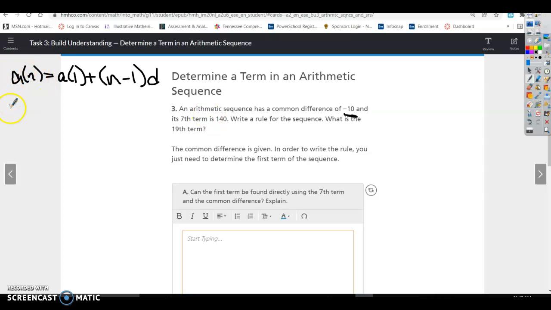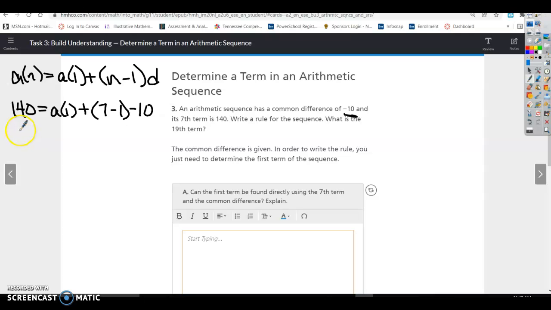So we can say a sub n is 140 when n is 7. We don't know a sub 1 yet, but if we plug in what we know, we can solve for a sub 1.